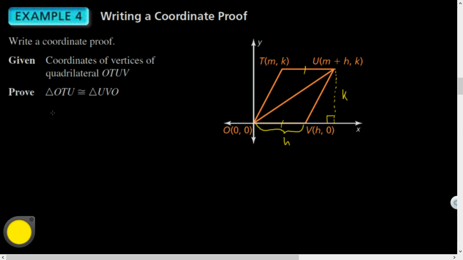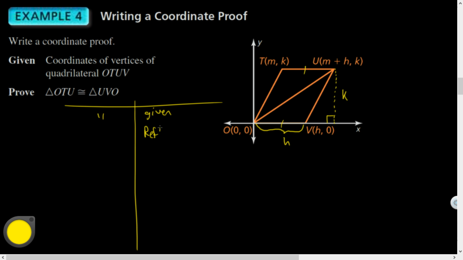So as far as a proof, I've got my given information, which were all these coordinates. If I want to prove these two triangles are congruent, what ways could I do that? Reflexive property.